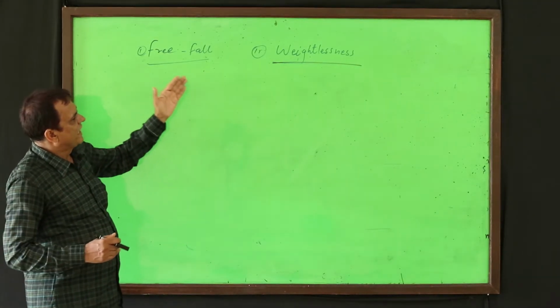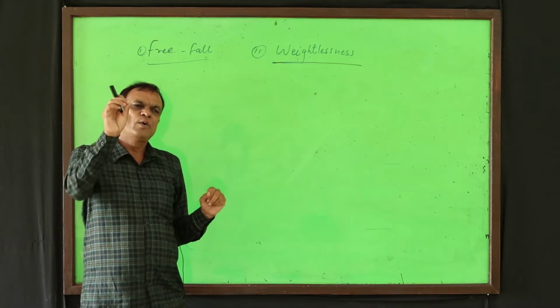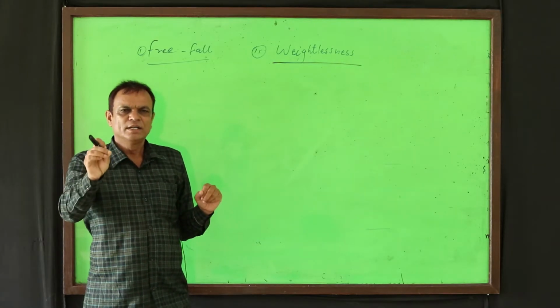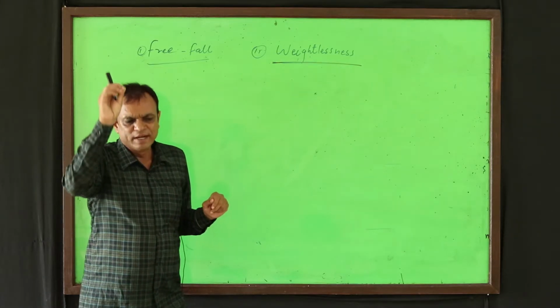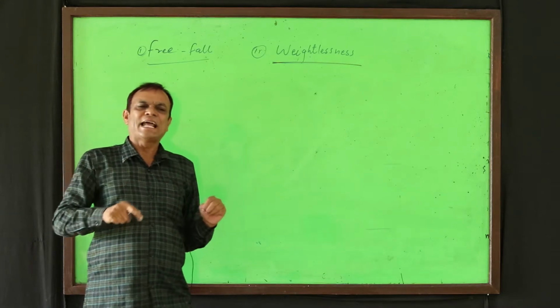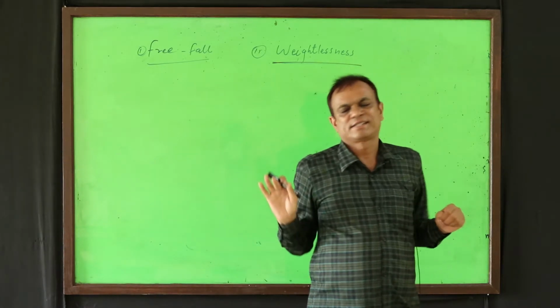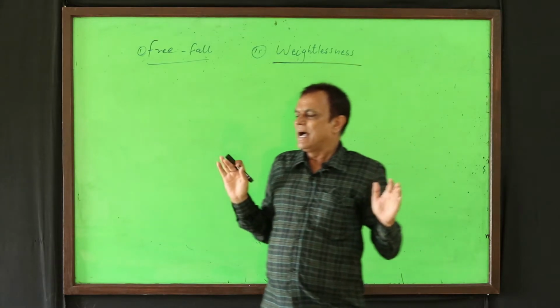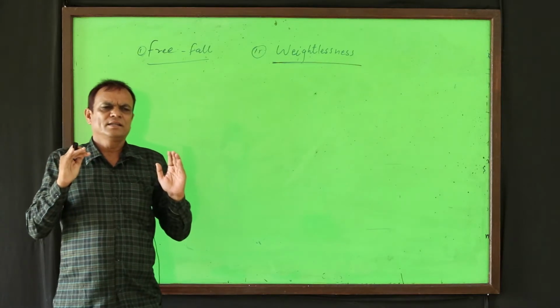Then how can you define weightlessness in a different way? If the weight of the body is 0, that is called weightlessness. If the body falls freely, at that time the weight of the body becomes 0. Now, how does weightlessness appear?